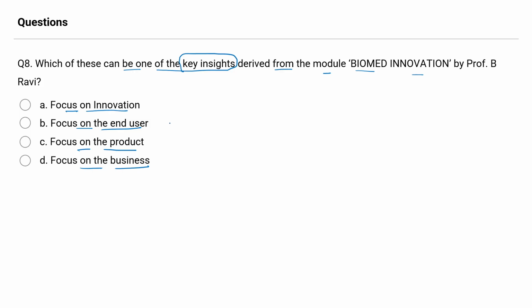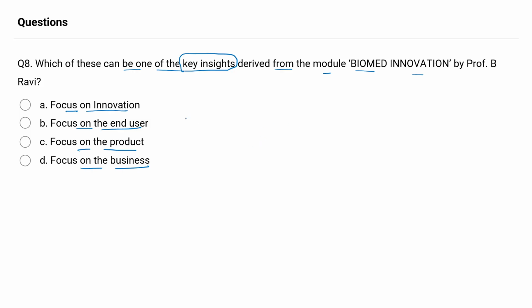You just have to ponder upon it. It has been an overall theme, an overarching theme flowing right from week one up till now, and we'll go till the end. You have to tell us which of these can be one of the key insights.